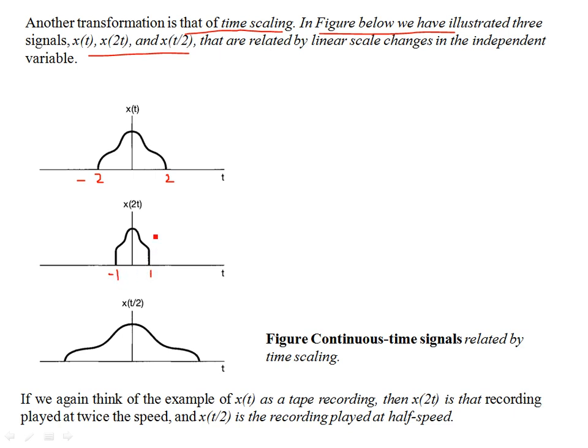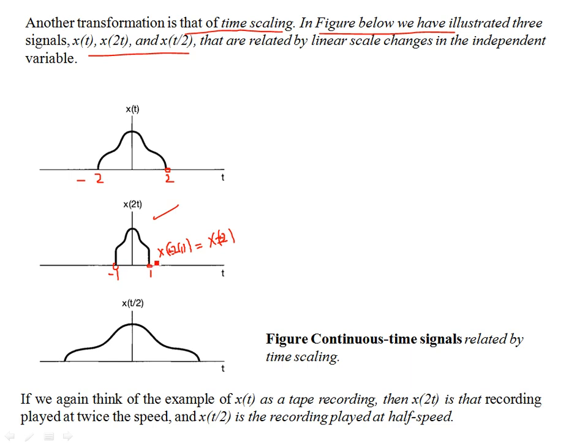Analytically, at t equal to 1, this becomes x(2 times 1), which is x(2). Originally at x(2), the amplitude of the signal goes to 0. Whether it is plus 1 or minus 1 doesn't matter; on both sides, plus or minus 2, it has to go to 0. And so this results in compression.